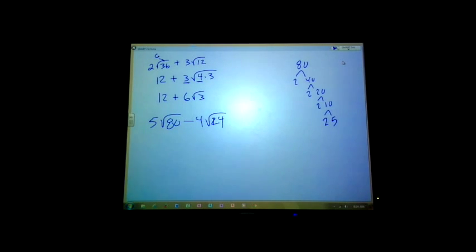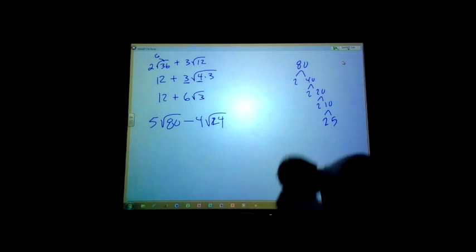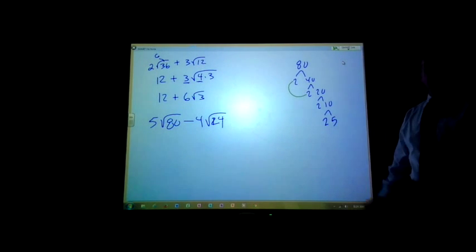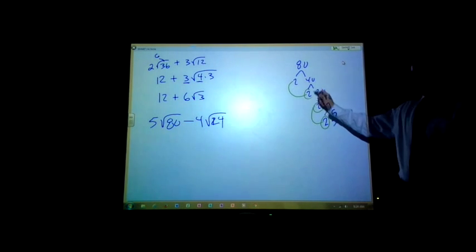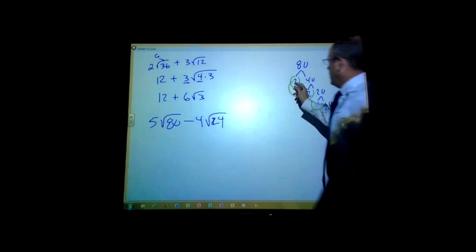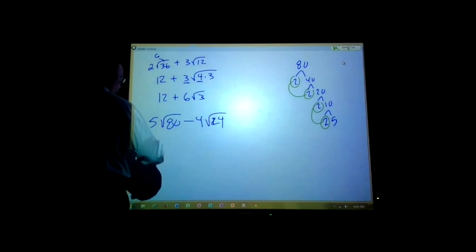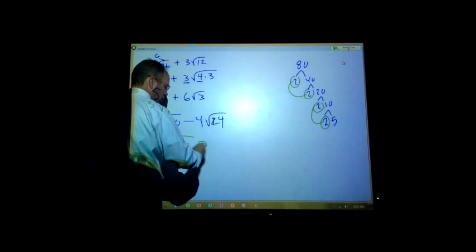How many of a kind? 2 of a kind. Does this give me a perfect square? What about this one? So that would be 2 times 2 times 2 times 2. That's 16. 16 times 5. And then if I break 24 down, oh, that should be a subtraction sign, sorry.